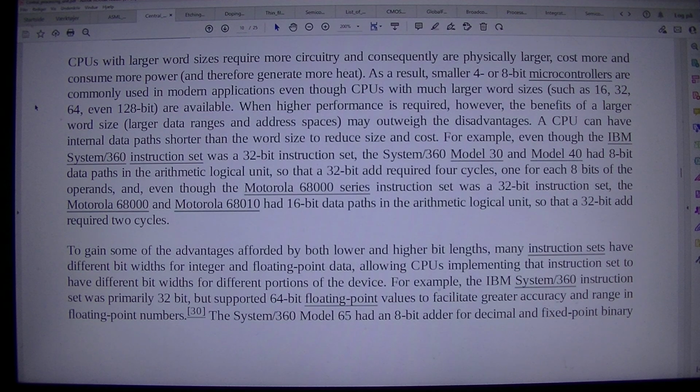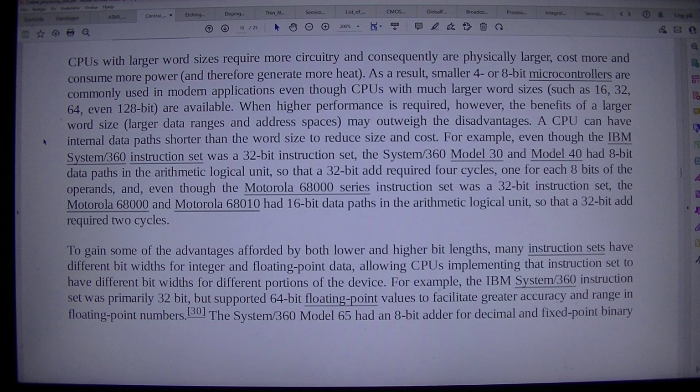When higher performance is required, however, the benefits of a larger word size, larger data ranges and address spaces, may outweigh the disadvantages. A CPU can have internal data paths shorter than the word size to reduce size and cost.